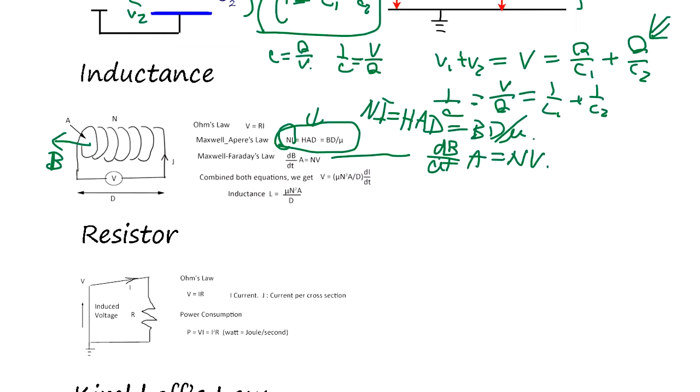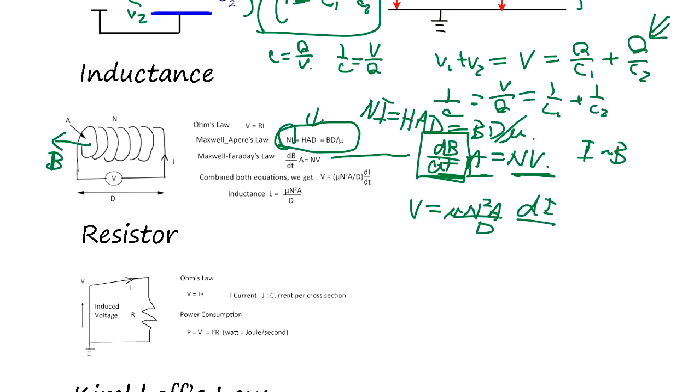And so now you know the relationship between I and B for the inductance, but you have to take a derivative of the B over time to get the inductance. The combined equation is going to be N squared A over D times di/dt.